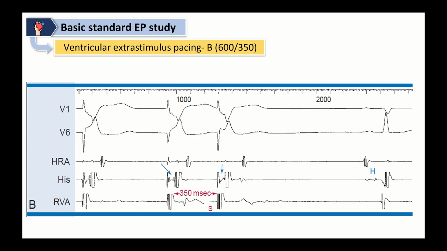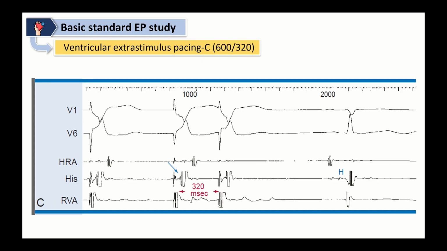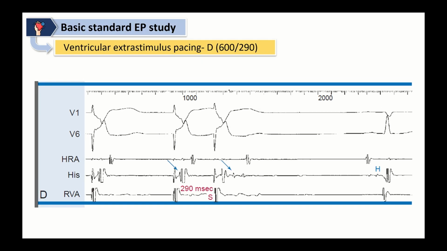What happened? The VA interval becomes longer and longer because of decremental retrograde conduction through the AV node. Then what happened when we give the extra stimulus at a short coupling interval, 320? VA block. We reach the ERP, so it is V without A.